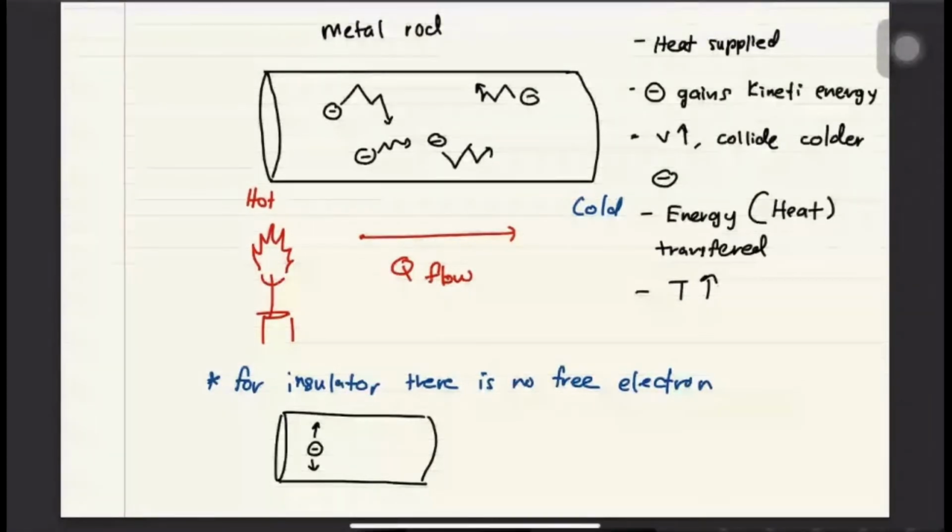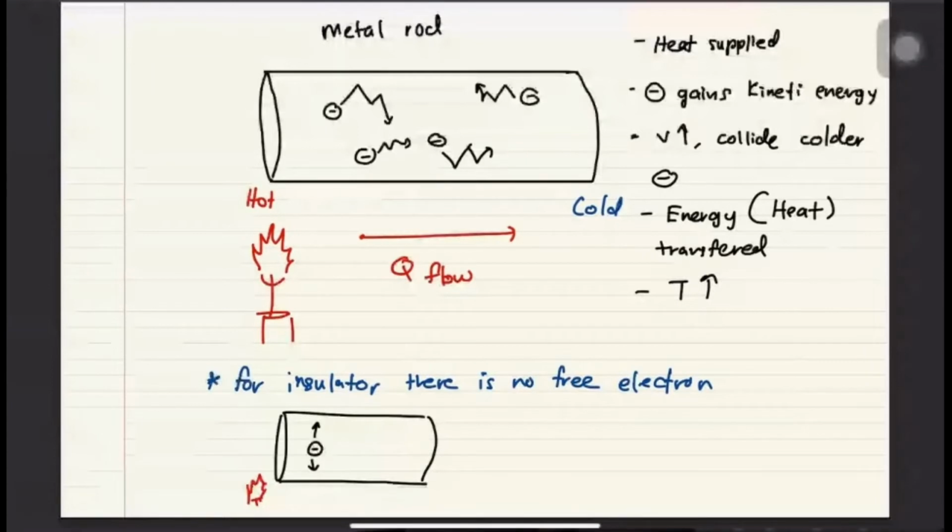So when you heat up one place, here it gains energy, so it starts to vibrate more and faster. Okay, so it will transfer to the neighboring electron, which will start to vibrate as well. Okay, this one also starts to vibrate more and more.